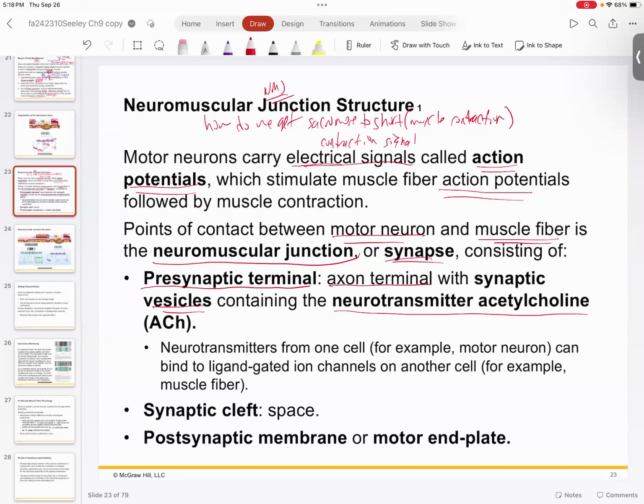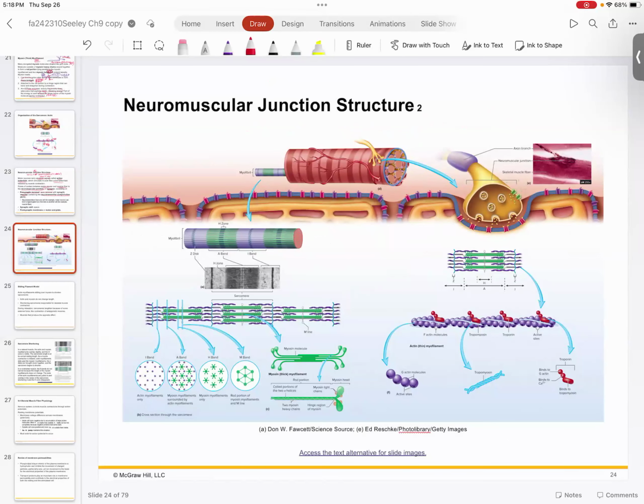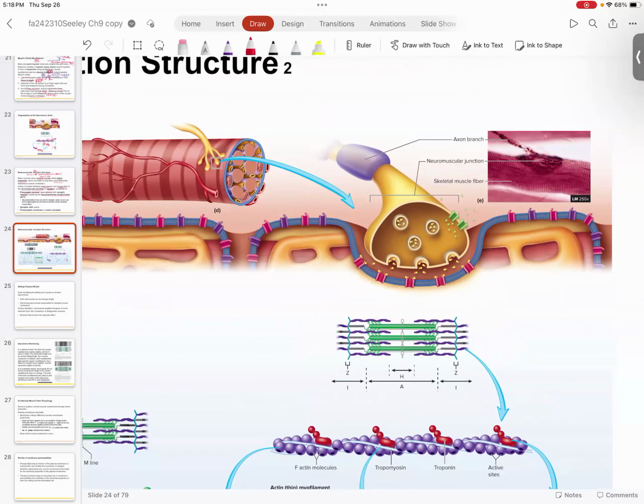In this particular case, when you're talking about a motor response, that specific neurotransmitter is acetylcholine, or ACh for short. So at the axon terminus you have these synaptic vesicles, and you can see them here, full of acetylcholine.